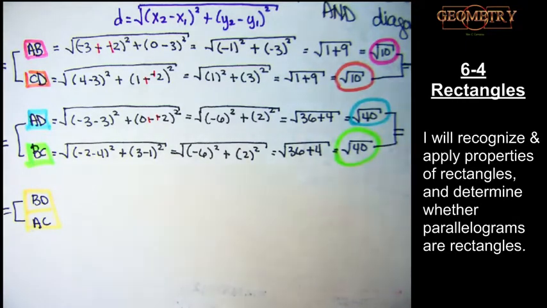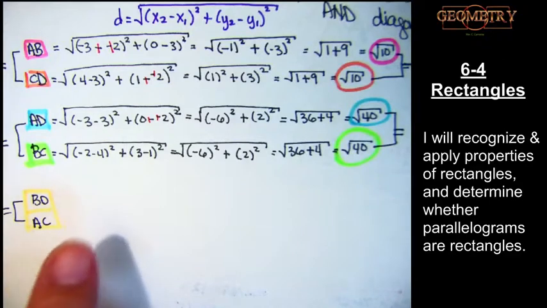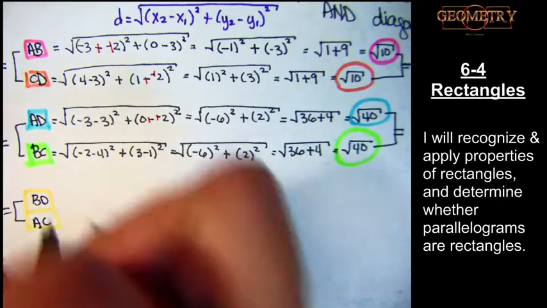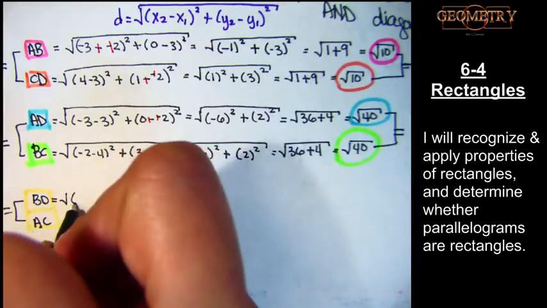At this point, I could say it's a parallelogram. To say it's a rectangle, I need this last pair to be equal to each other. If it's not equal to each other, this is not a rectangle. If it is equal to each other, it is a rectangle. Okay? Here I go.